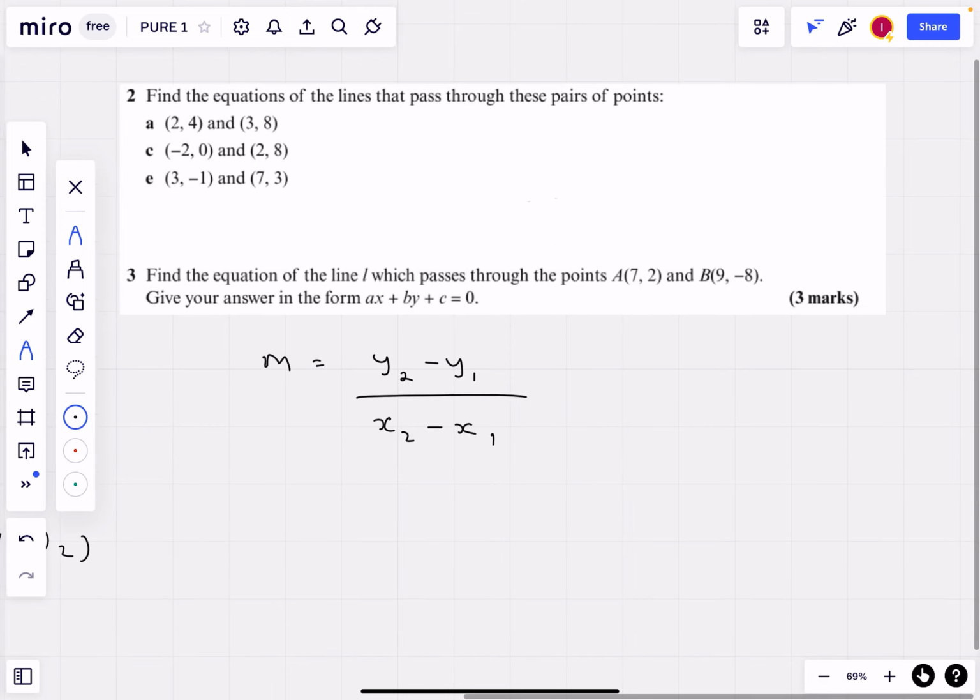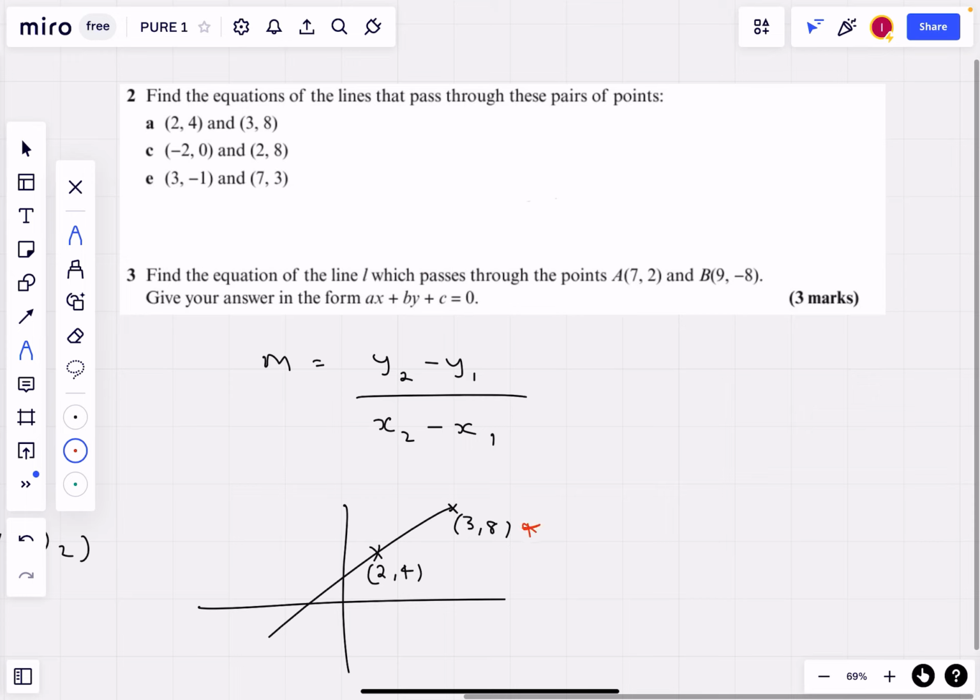Let's say if we quickly sketched it, something like that, where this is the point 2, 4 and this is the point 3, 8. Which one is higher up in the graph? This one.